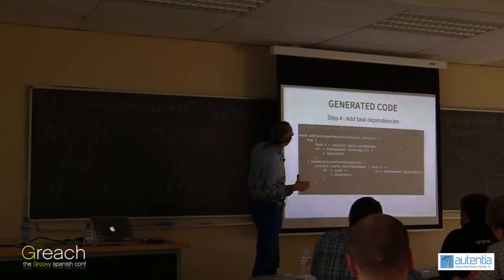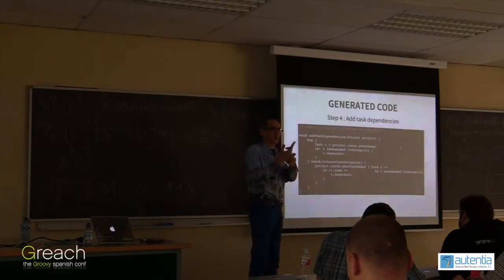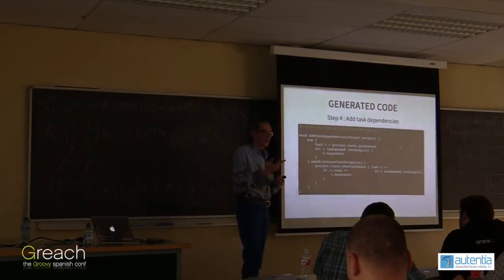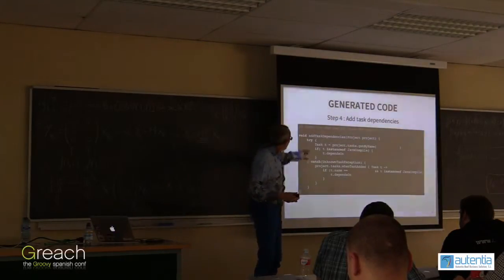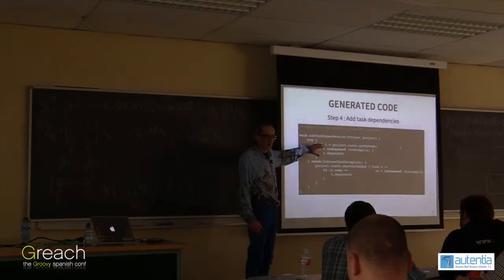So the big problem here is currently there's two ways, and this is to do with order of plugins. If you want to add to something that exists, then it's fine. And then you're going to get, this is why the block is as big as this. So if I want to do get by name, and that specific task I'm trying to find doesn't exist, the compile Java task, for instance, is going to throw an exception.